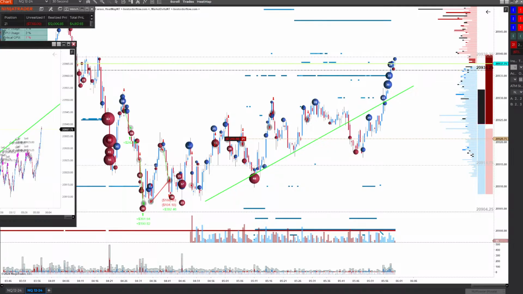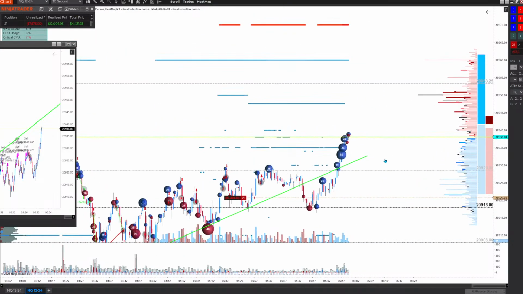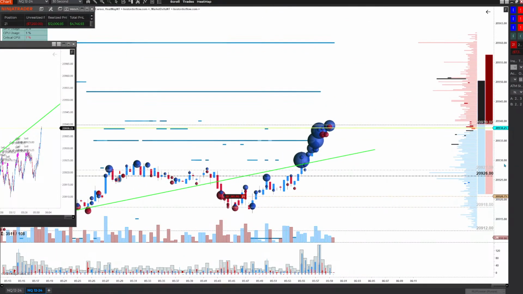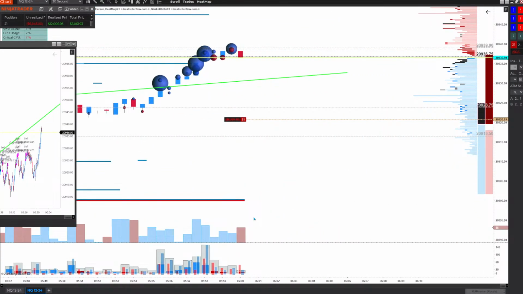The delta 2, which is sitting right here, is the difference between the DOM upper and downside. That's what the delta 2 is. Unfortunately, it's a new indicator, because people don't understand what I am trading here.